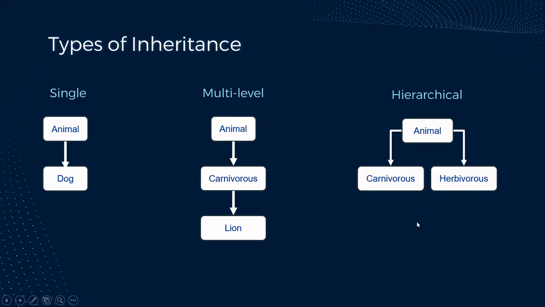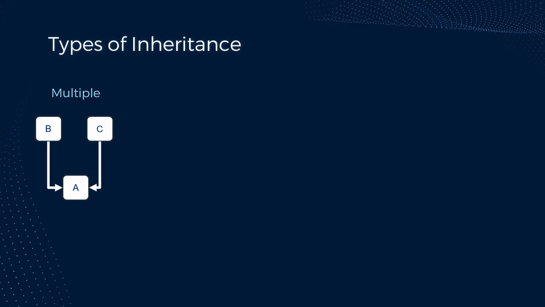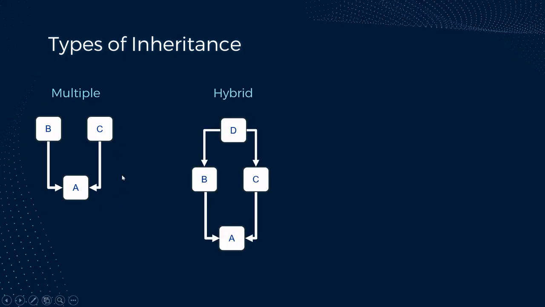Okay, we have two more types, that is the multiple. In this multiple inheritance, basically a child class inherits from multiple base classes, and in C# it is not allowed. And similarly we have the hybrid one also, where we have the combination of hierarchical and multi-level.